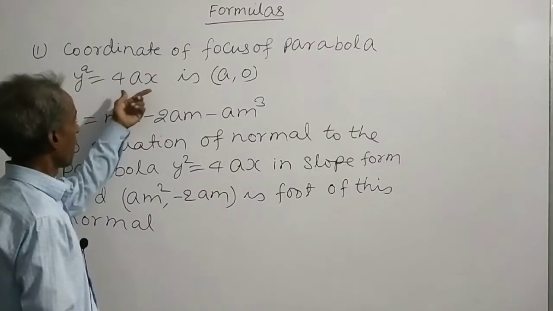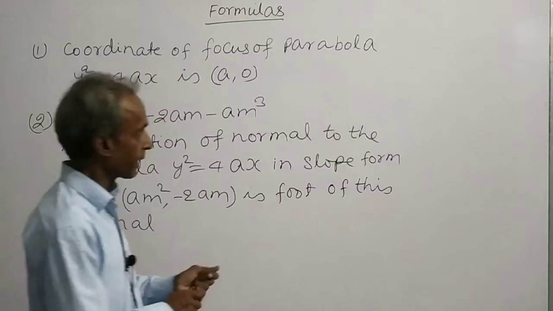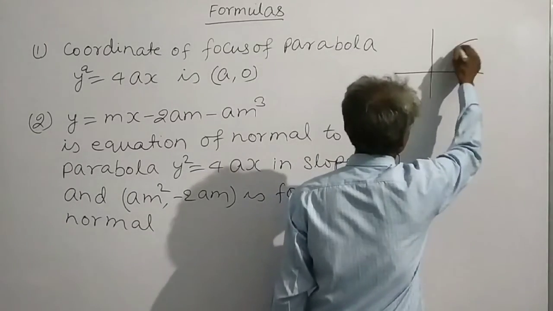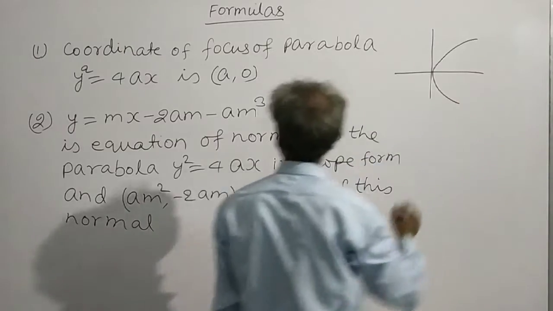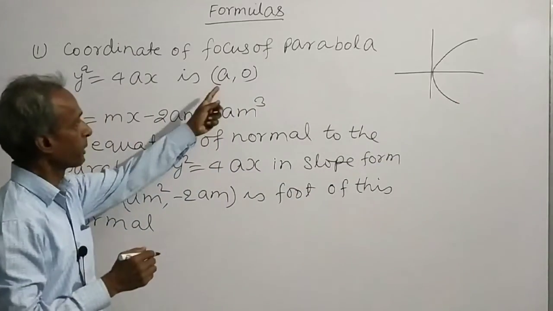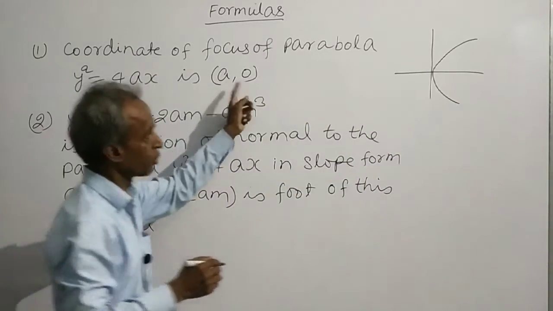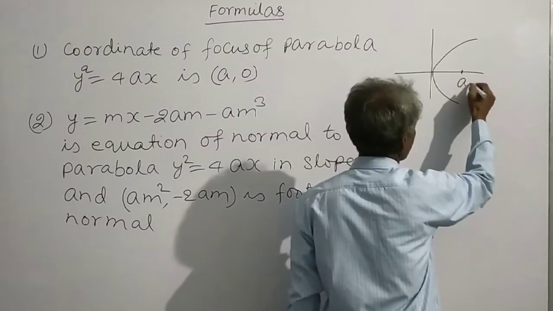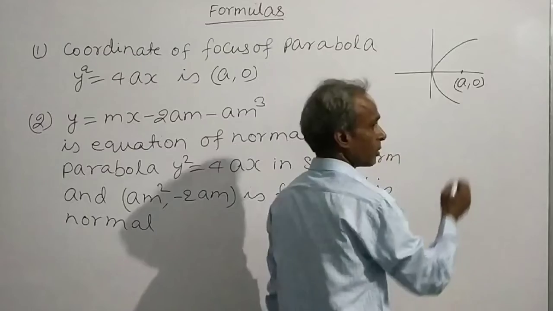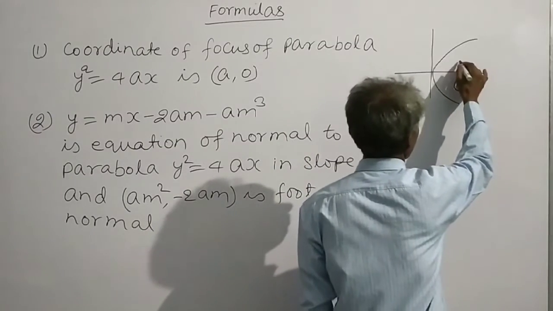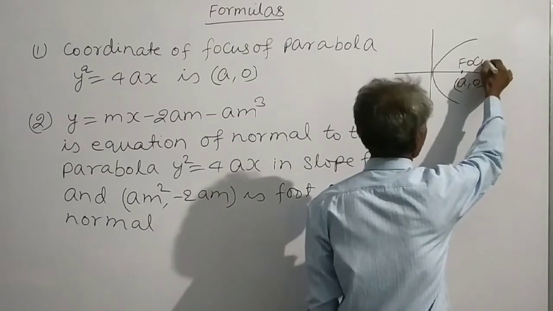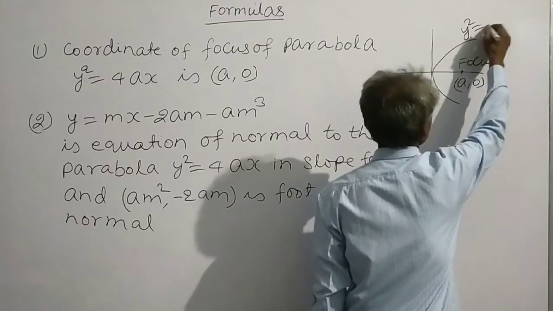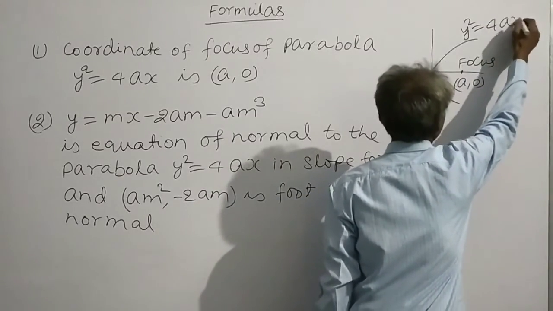If y square is equal to 4ax is a parabola, then the coordinate of its focus is (a, 0). Coordinate of focus. Parabola is y square is equal to 4ax.